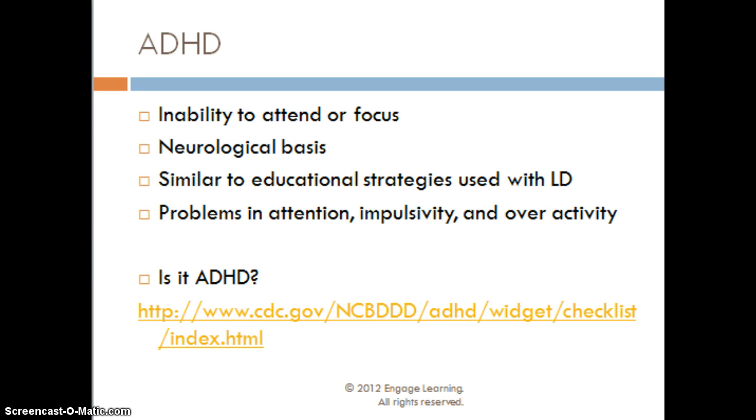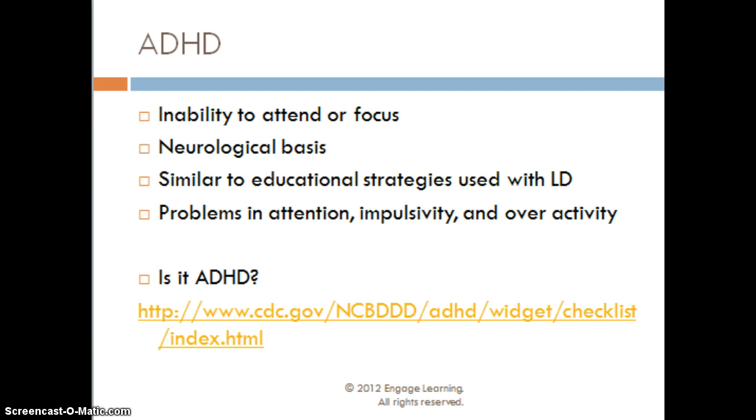It's also on the CDC website, but it gives you kind of a little quiz that could help screen for a child to see if they have potentially ADHD. But ADHD is a specific information processing problem that's related to a student's inability to attend to or focus on a given task.